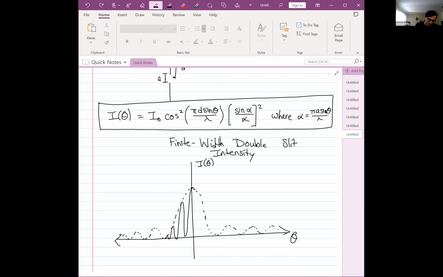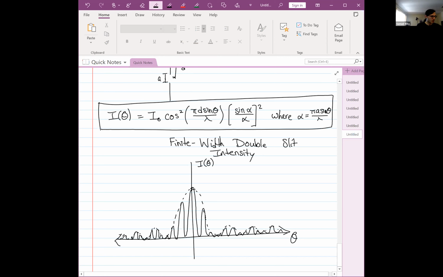They'll be more narrow, and this distance here is just the same as it would have been for the double slit. So this is the pattern that we end up with. That is what we would get for the double slit finite width setup, which is interesting, and that's actually what we observe if you were to actually get two slits.